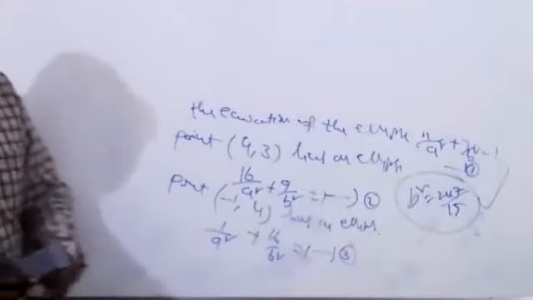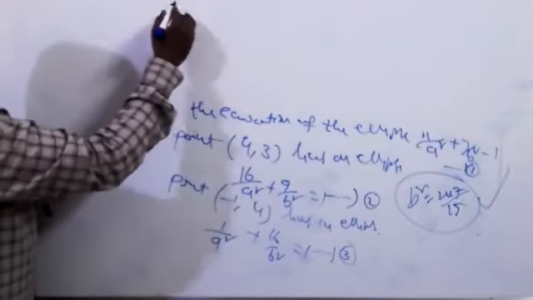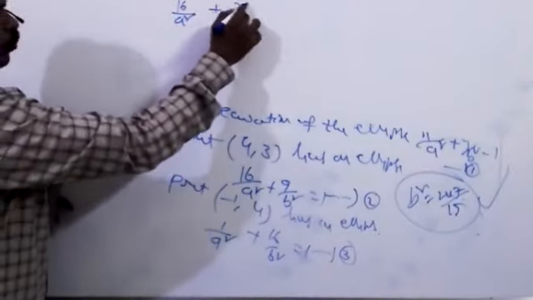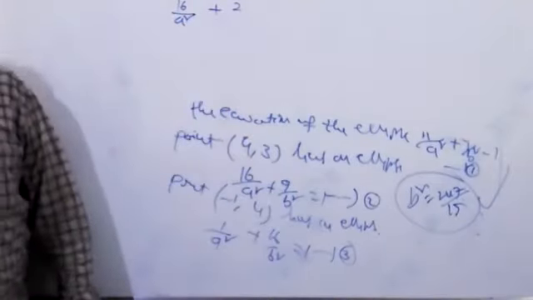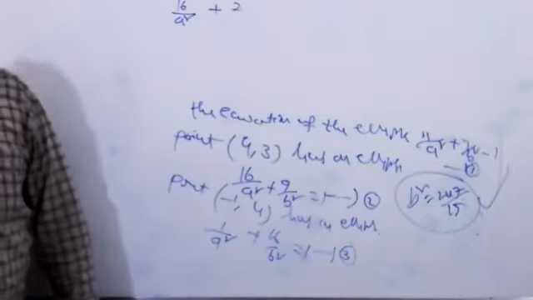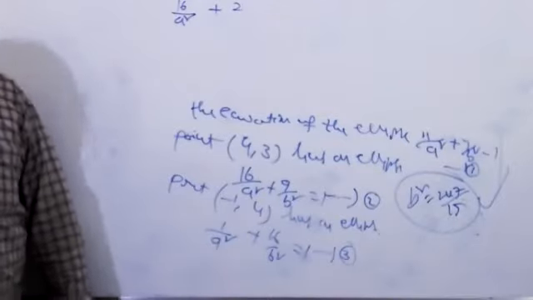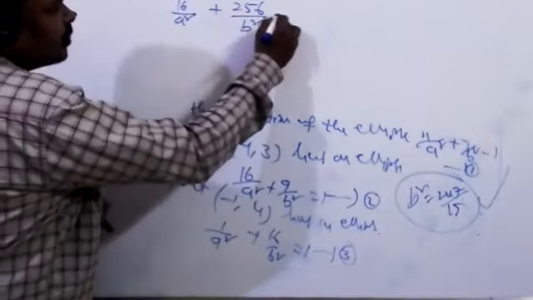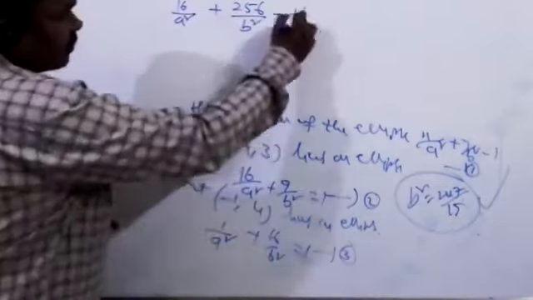See, equation 3, multiplying both sides by 16. 16a square plus 256 upon b square is equal to 16.